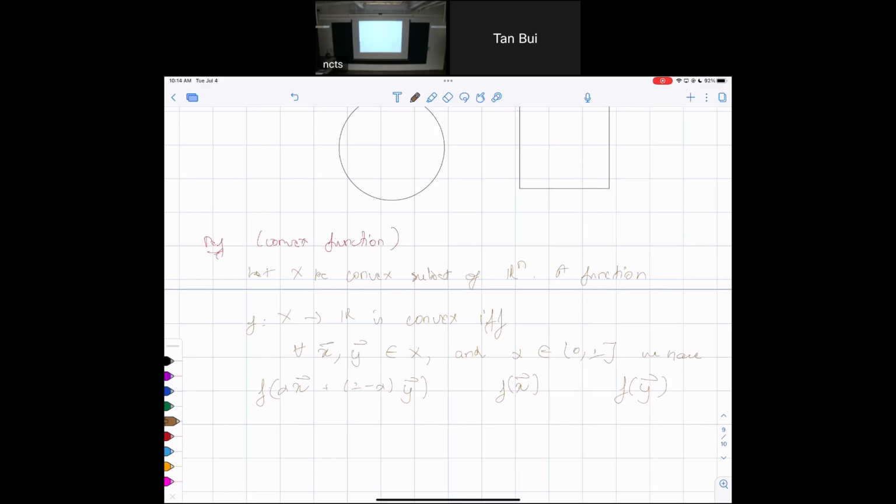Do we remember any of us? Can any of us remind the rest of the class what is the relationship between the function evaluated at the convex combination of x and y, and the function evaluated at x and y? Any volunteer? No?